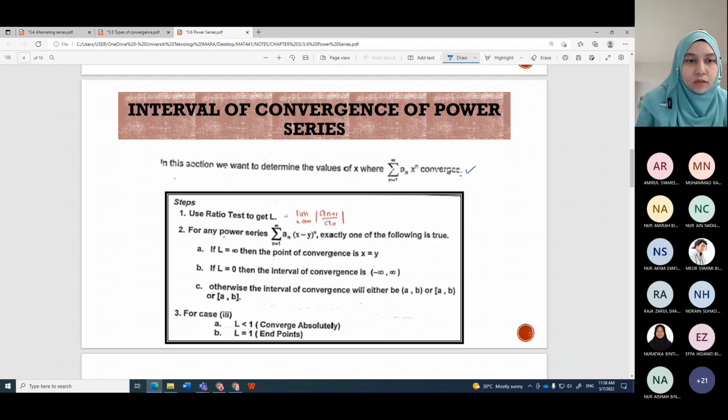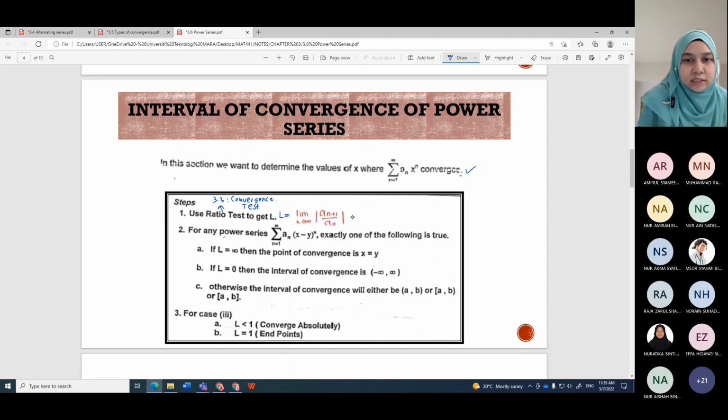So first step, we use the ratio test. Ratio test yang kita dah tengok sebelum ni in 3.3, one of the convergence tests, to test the value of L. From the ratio test, L is equal to the limit of modulus a sub n plus 1 divided by a sub n when n approaches infinity.